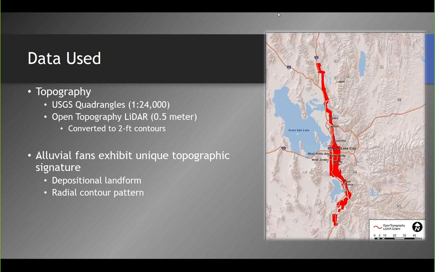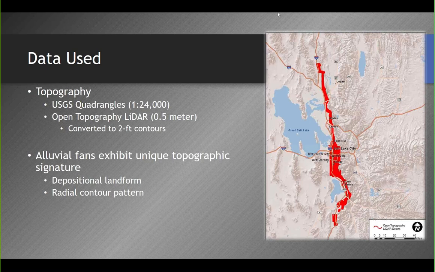The reason the topo data is so important is because alluvial fan landforms exhibit unique topographic signatures that help identify them. By definition, an alluvial fan landform, and Tracy did a great job defining alluvial fans in general, is a depositional landform.